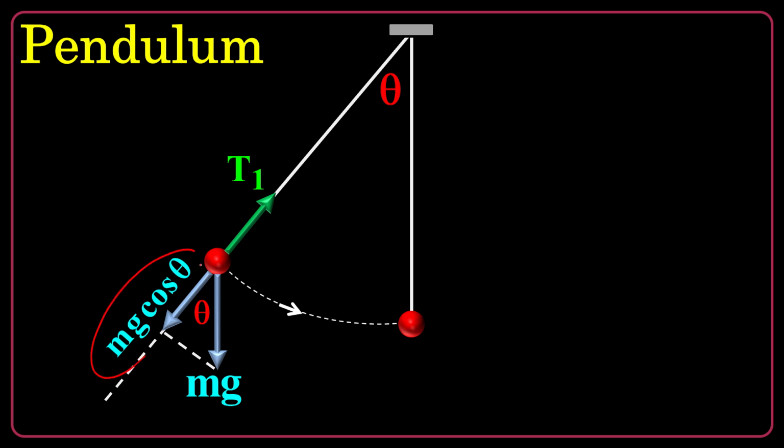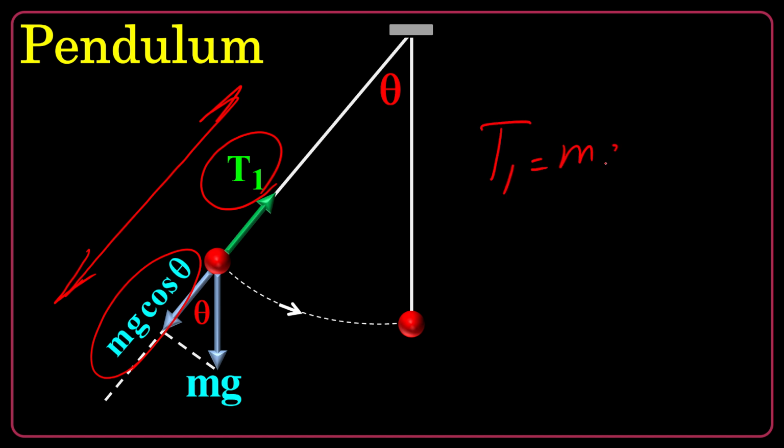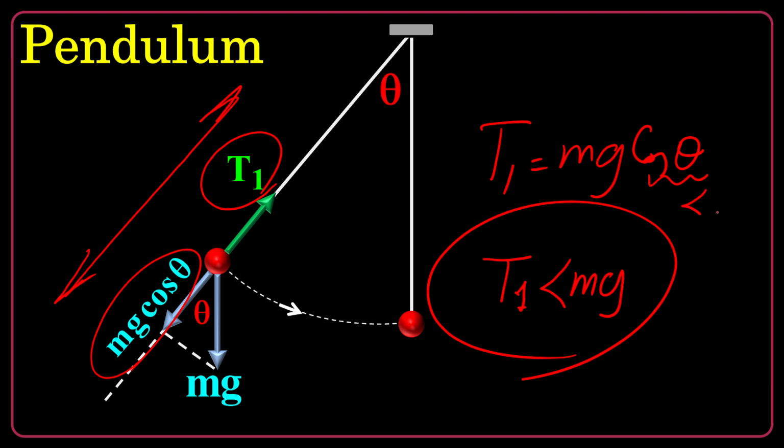This component of mg will be cancelled by T1, because in this direction the bob is not accelerating. So T1 is equal to mg cosine theta, and immediately I can conclude that T1 is smaller than mg, because cosine of theta is always less than 1.